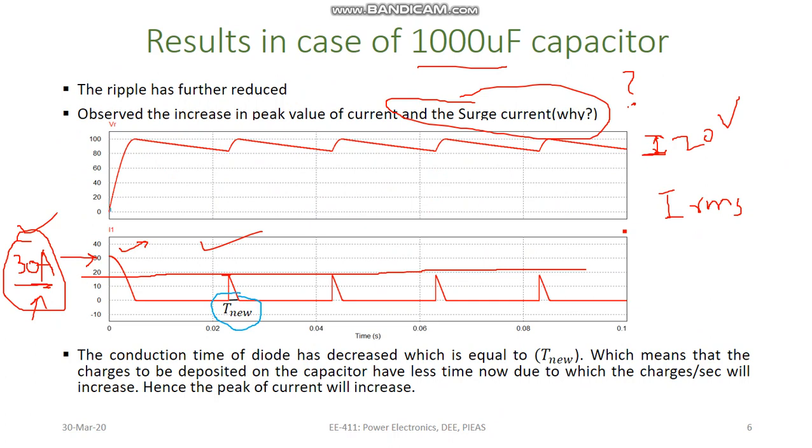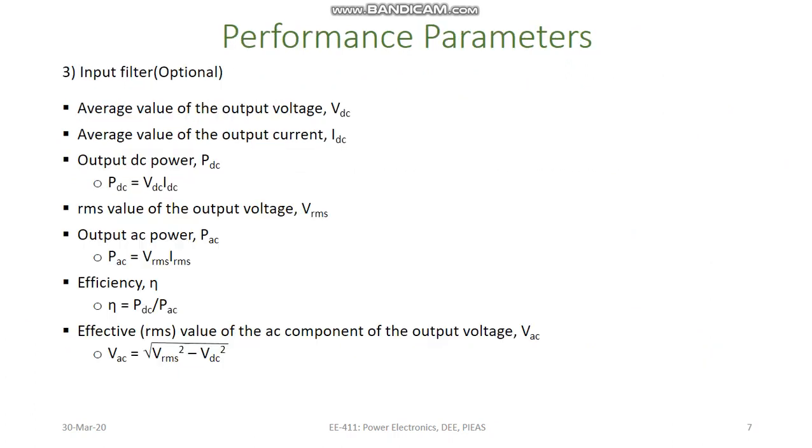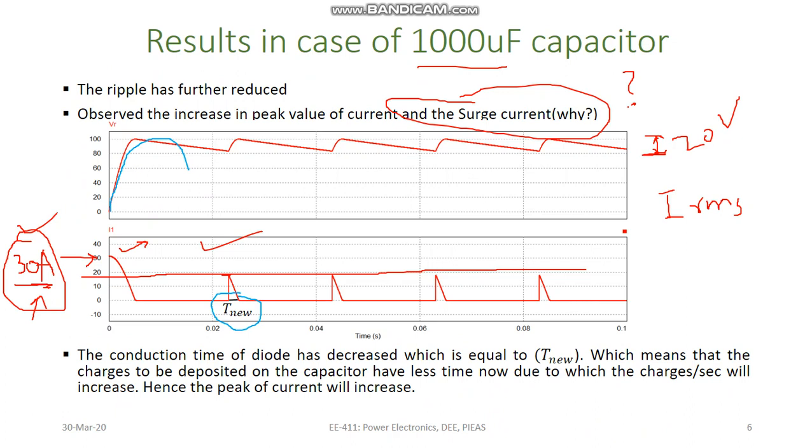So here see that in case of no capacitor, the waveform at output was supposed to be like this.